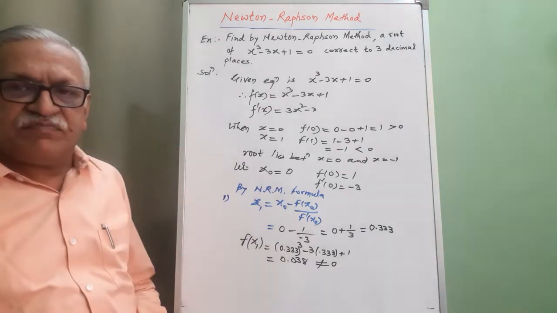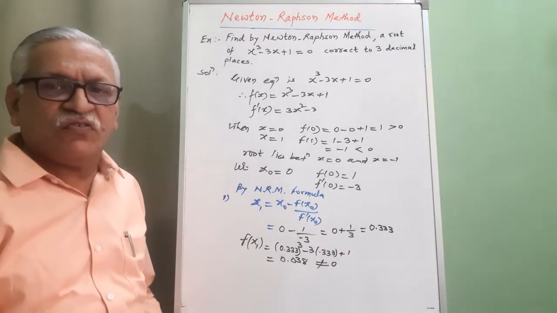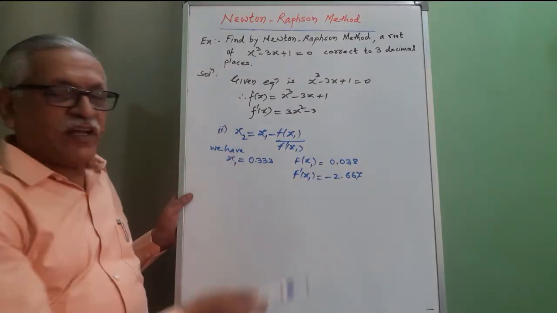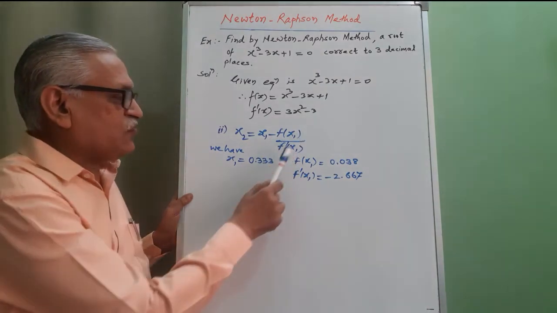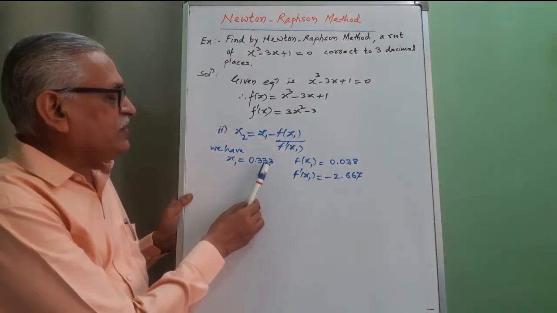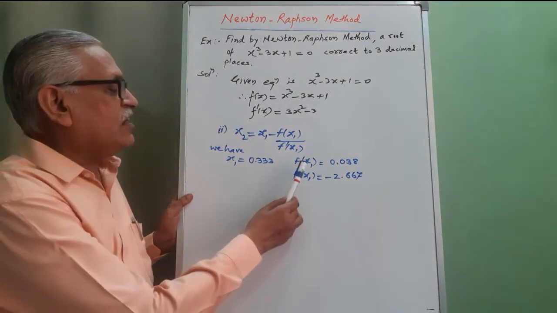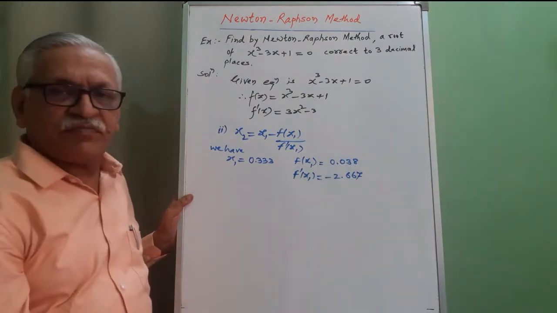Iteration number 1. Then we go to iteration number 2, where we try to find the value of x2. For the second iteration, we have x2 equals x1 minus f of x1 by f dash of x1, where x1 is 0.333, the previous approximation for the root. The corresponding function value is 0.038.